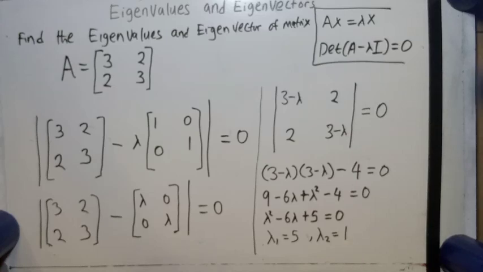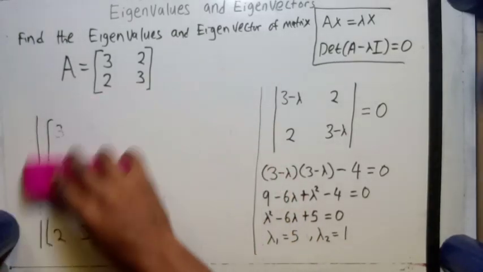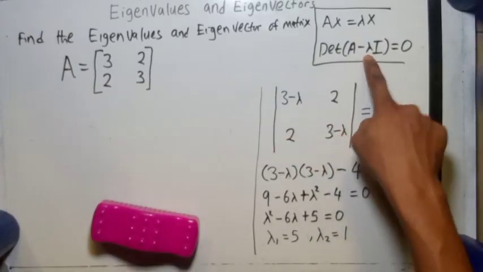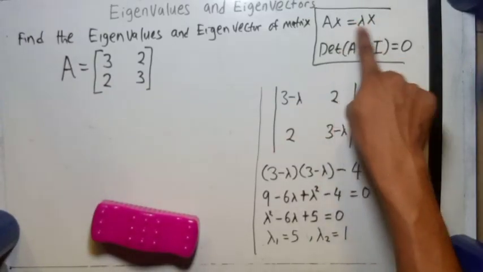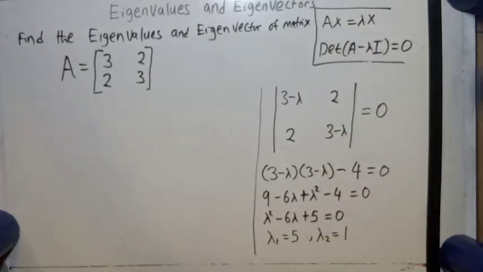Now, eigenvalues are used to get your eigenvectors. We have gotten our lambda using this formula. We now have to go back to this formula to get our corresponding x values, which represent our eigenvectors. Our lambda is a scalar. 5 and 1 are scalars, not matrices.